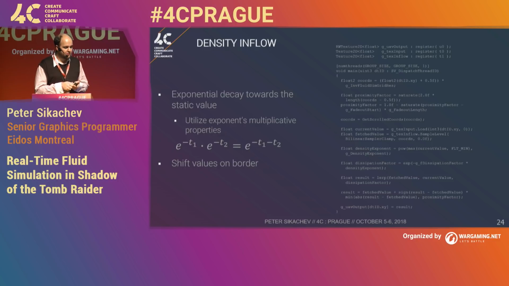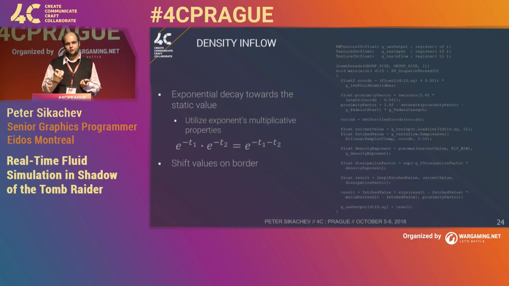it would be exactly the same as multiplying twice by the same amount. The second thing you would notice when inspecting the code is that we shift the values on the border towards the values that we fetch from the static mask.